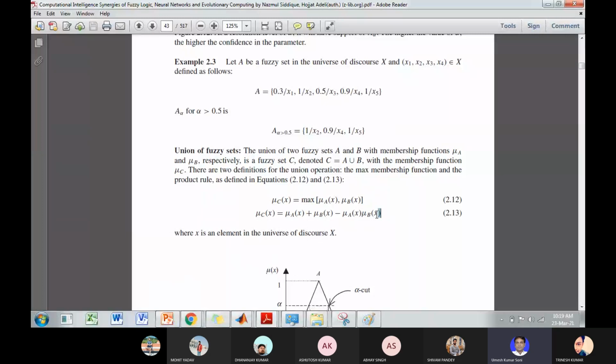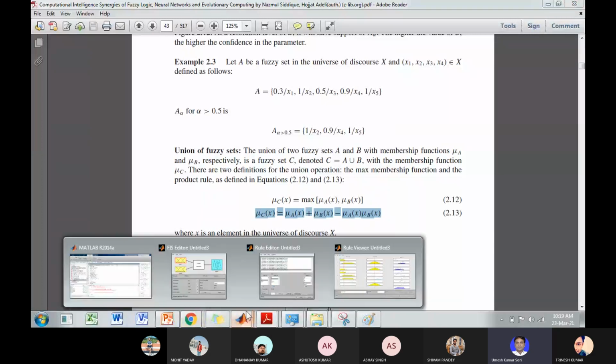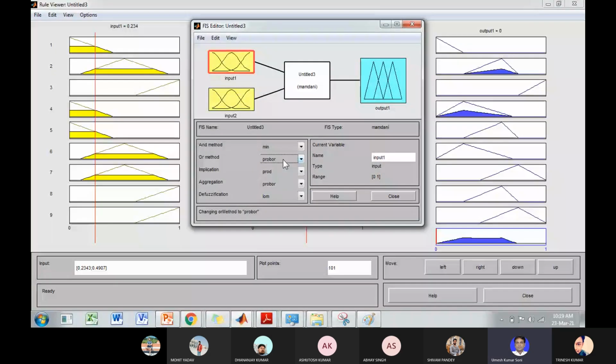2.13 defines that term. Okay, here you see, this term is actually calculated as mu a plus mu b minus mu a mu b. Also we use the maximum rule. So here you have three aggregation methods.